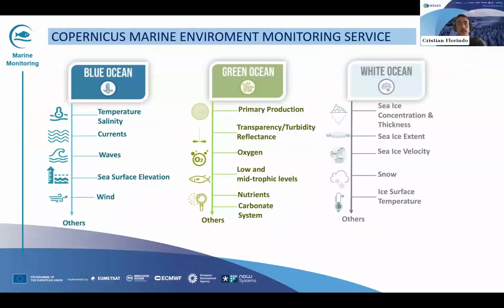Then we've got the Copernicus Marine Environment Monitoring Service, which has a full range of variables and data sets covering all aspects of the ocean: the blue ocean, more on the physics, like temperatures, currents, and ocean circulation; but also the green ocean, or anything to do with biogeochemistry, primary production, oxygen, nutrients, etc. And of course, the white ocean, or anything to do with the cryosphere, sea ice and snow.